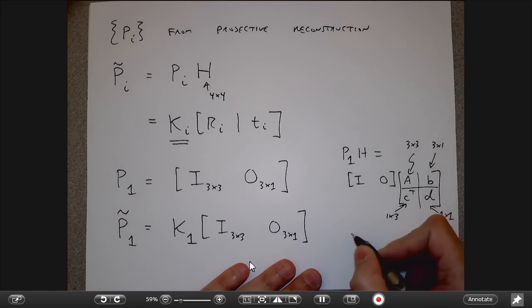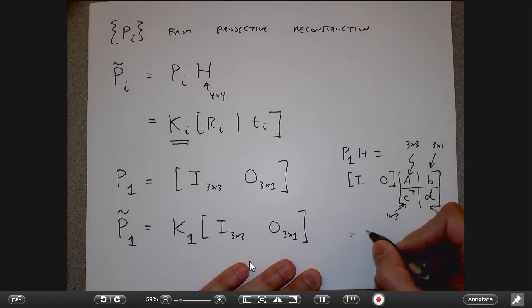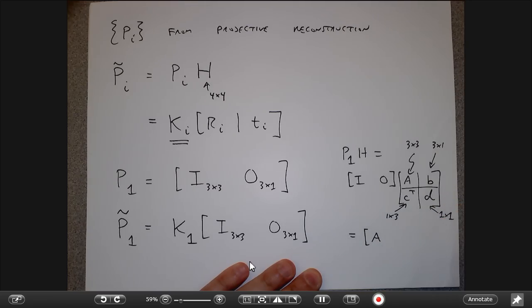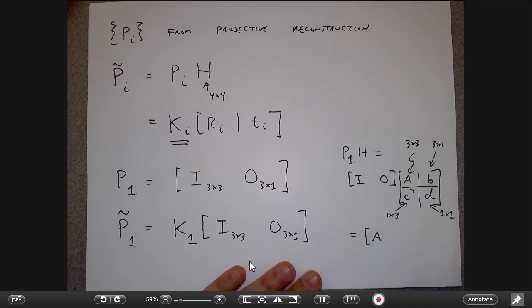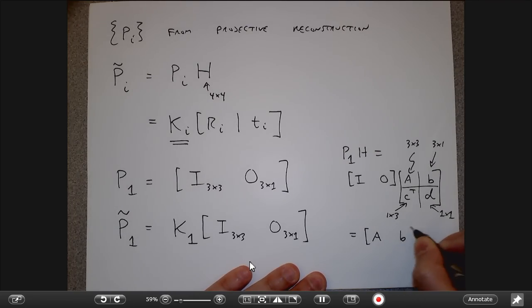Now if I put these things together, what I get is A, B. That's it.